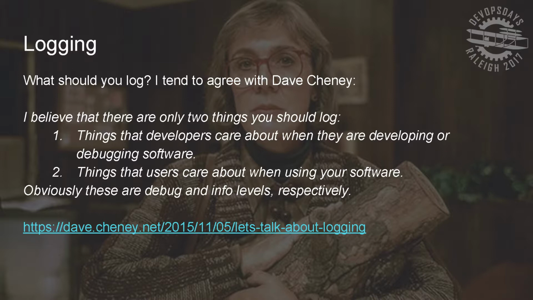You've got all of these different log levels. And I think Dave Cheney's blog post that I've linked here is a really good explanation about why simpler is better. You really only need things that an operator could use to understand the state of a system they're trying to troubleshoot, or that a user would care about when they're using your service. And I think boiling things down to a little bit more simplicity there can help to avoid some of the noise.